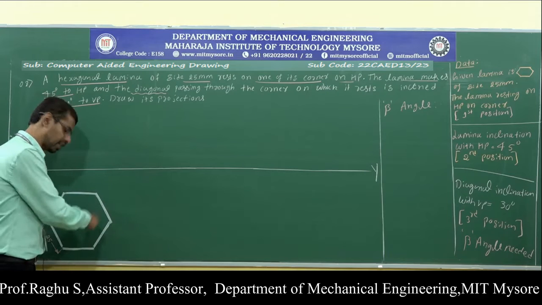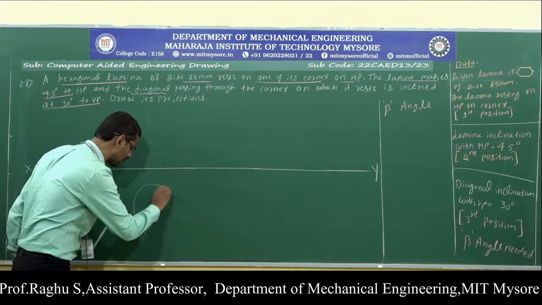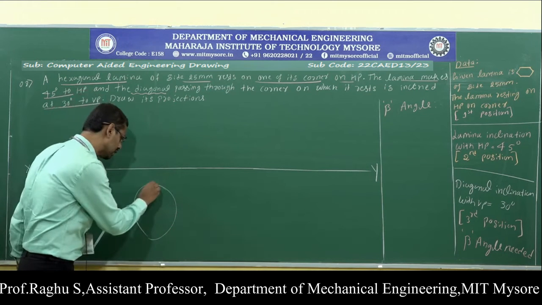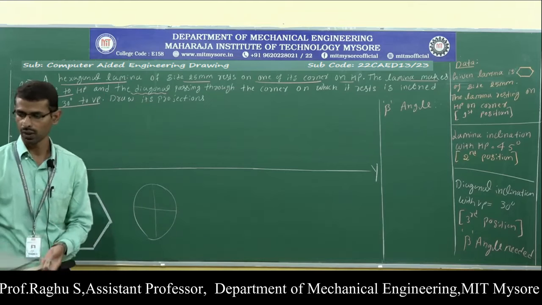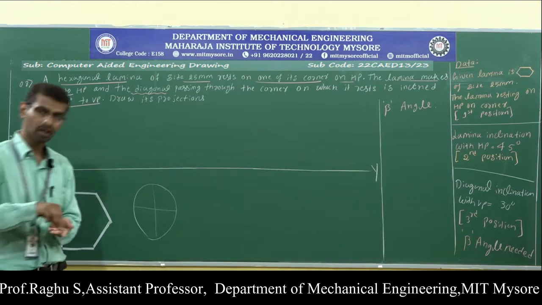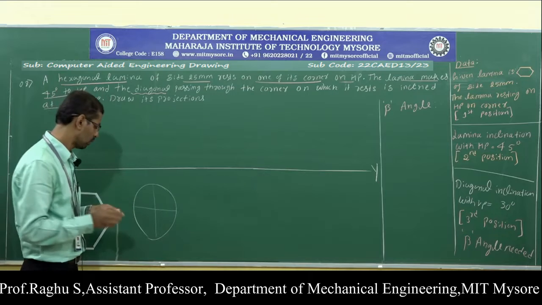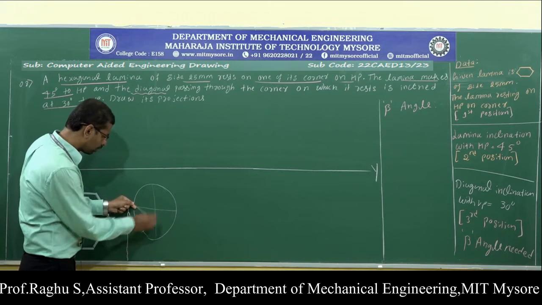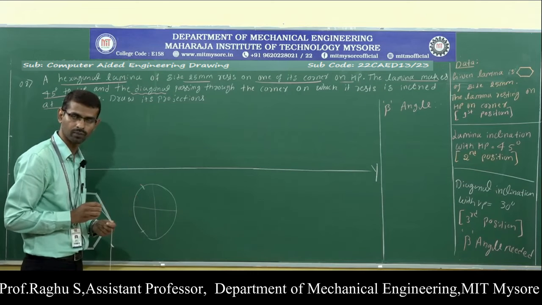So, how to construct a hexagonal lamina? First, draw a circle. Next, divide the circle into 4 equal parts. Next, take the 25 mm dimension using a compass. From this point, cut two arcs at a distance of 25 mm.